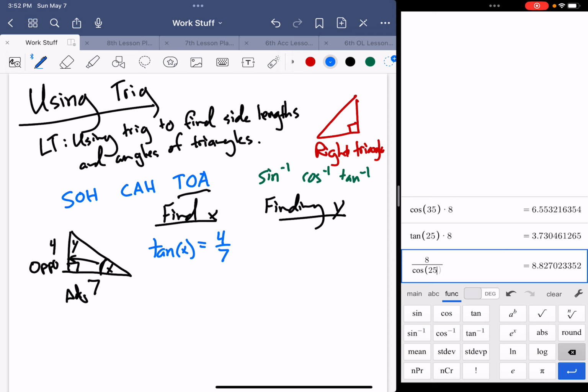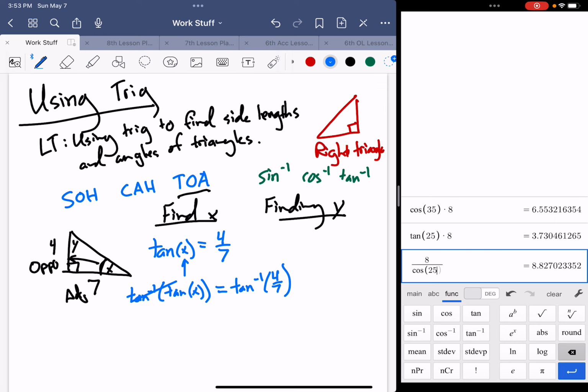Now the thing is, I'm trying to figure out what x is. And right now I'm taking the tangent of it. And in order to get rid of the tangent, I need to take the tan inverse of the tangent of x. What ends up happening is that cancels it out. You just usually write it down, you don't have to put it into a calculator. But then on this side, I'm going to write tan inverse of 4 over 7.